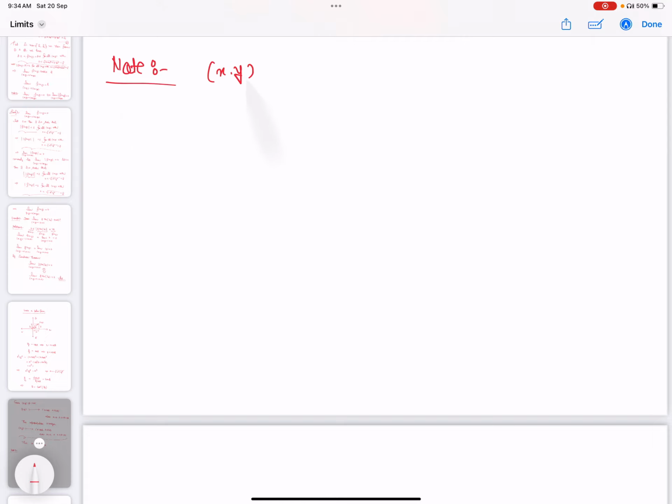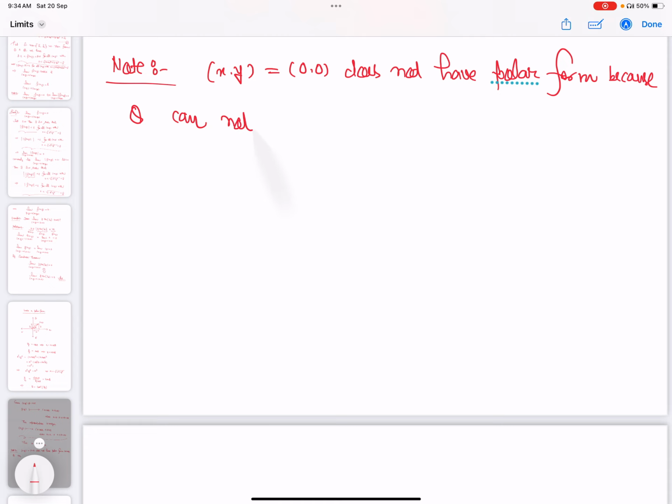(x, y) equal to (0, 0) does not have a polar representation, polar form, because theta cannot be unique for (0, 0).